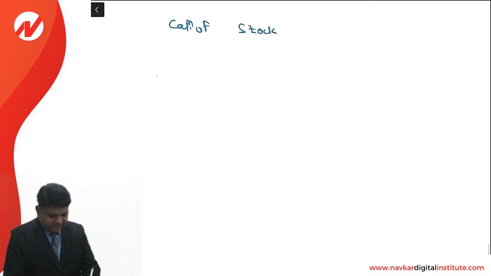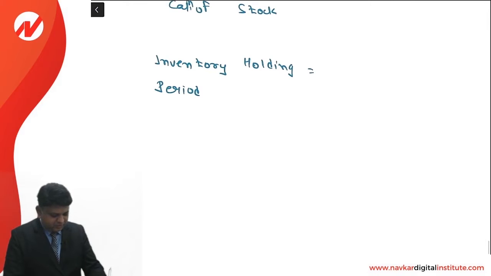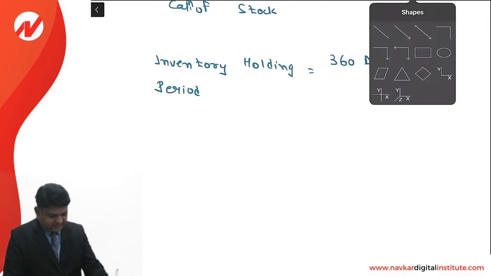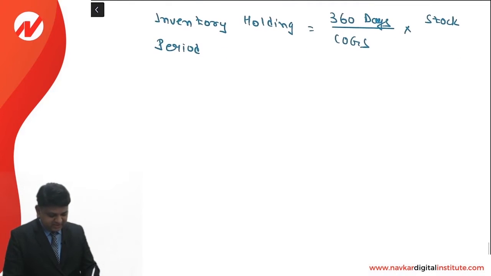It will be calculated as inventory holding period is equal to 360 days divided by COGS, cost of goods sold, into, again, instead of average inventory we are required to take only inventory because sufficient information is not given. That is the reason.